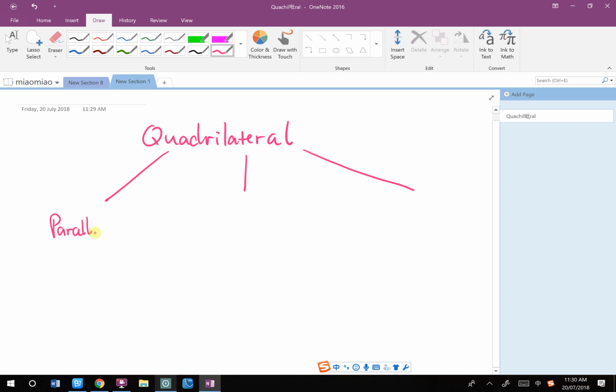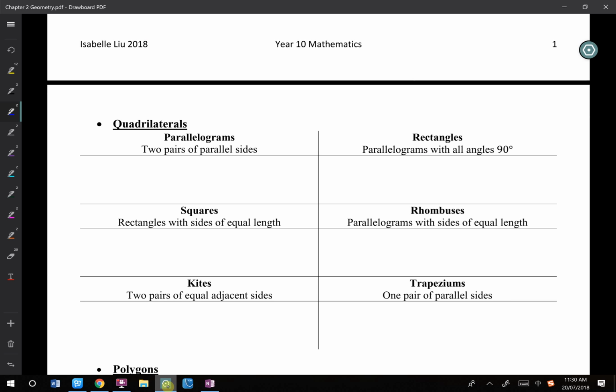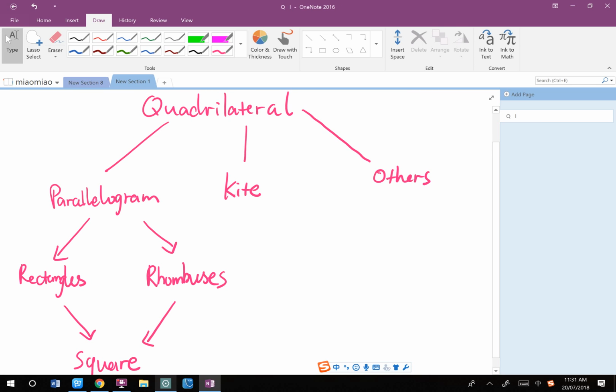We have six special shapes here: parallelogram, kite, and others, and the parallelogram, I'll have rectangles, and I have square. 1, 2, 3, 4, 5, 6.